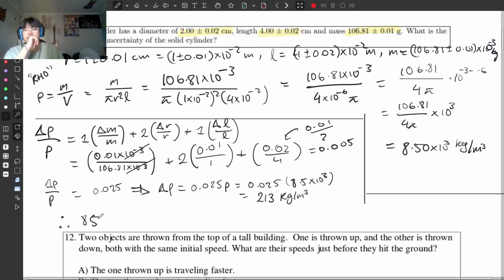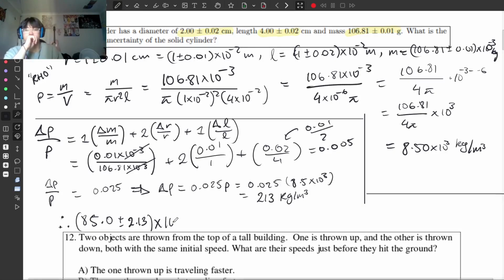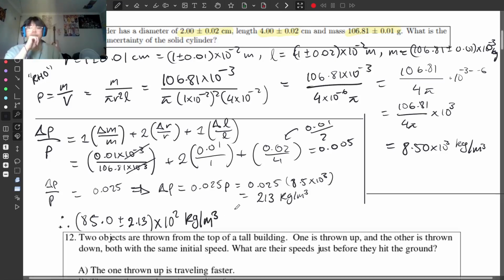So 85.0 plus or minus 2.13 times 10 to the 2 kilograms per meter cubed.